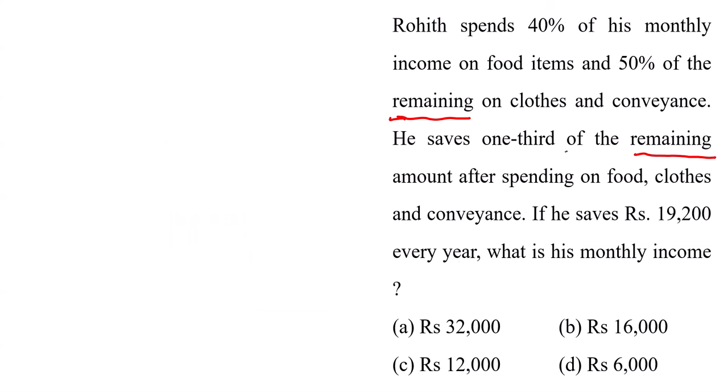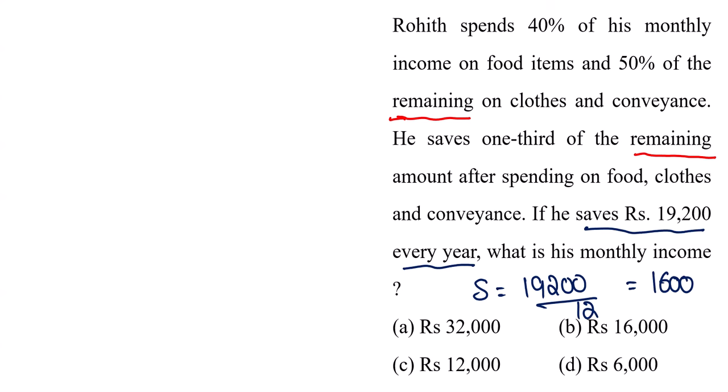Monthly income is what your question is, right? So fine. He saves 19,200 per year. Very importantly, saving is per year. They're asking monthly. Saving per year is 19,200, so per month we have to divide by 12, which is nothing but 1600.